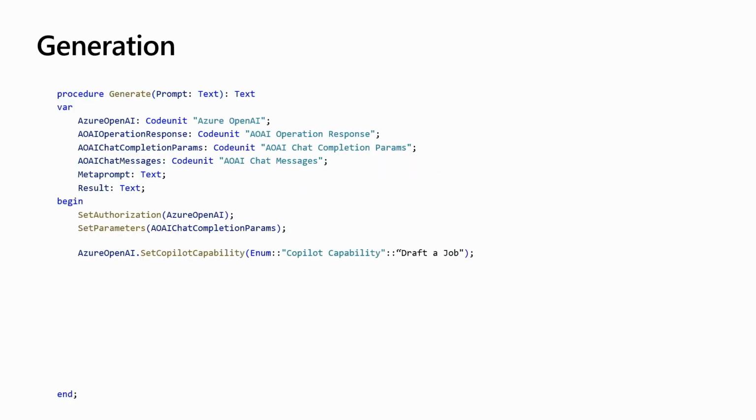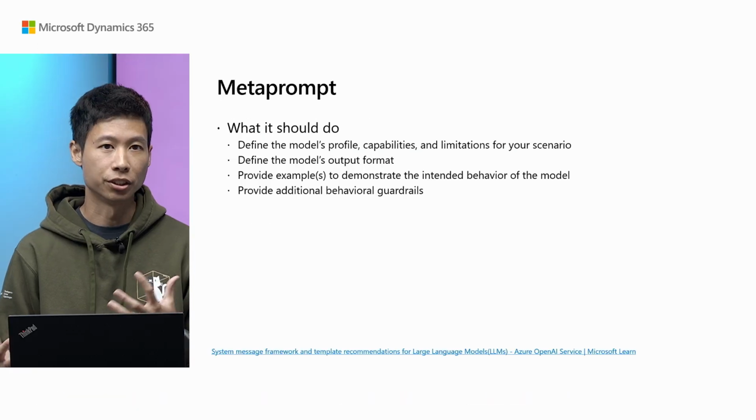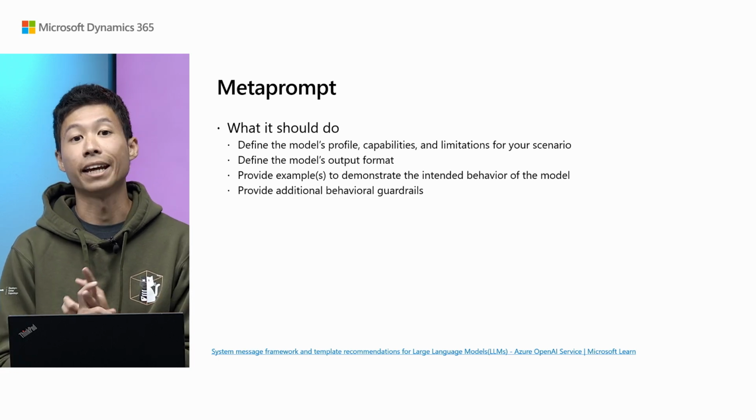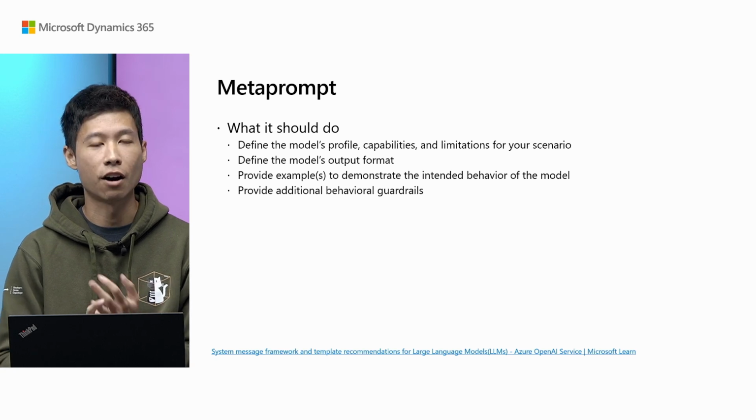So in this case, it's the capability that I had extended and registered, so draft the job. And next, I want to put in my meta prompt. Let me talk a little bit about what meta prompts are and what they should have. Your meta prompt should define the model's profile, what it does and what it cannot do. It should also define what kind of output you're expecting.